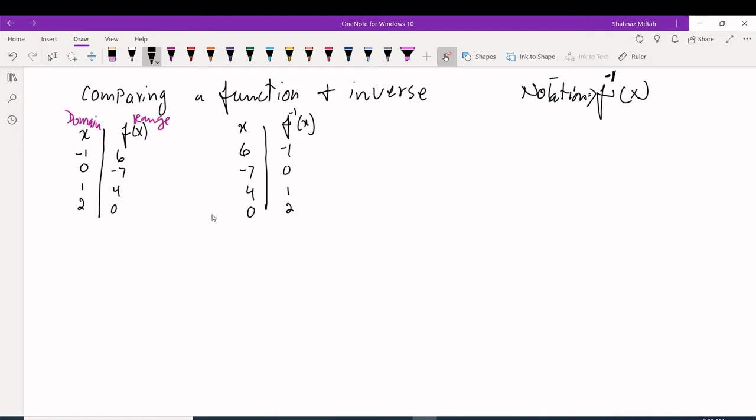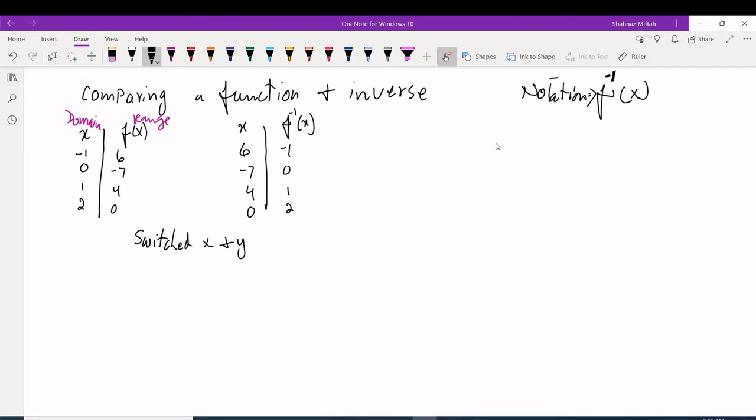So what we did, we switched x and y's. We switched domain and range. So the domain of the original function is the range of the inverse function. So that's how the domain and range go as ordered pairs.